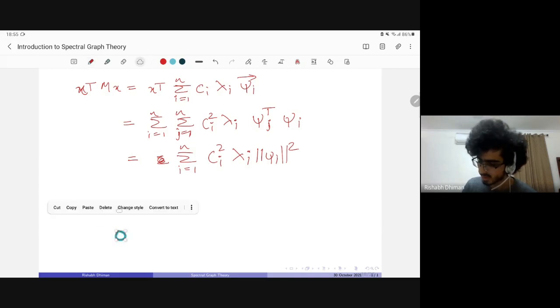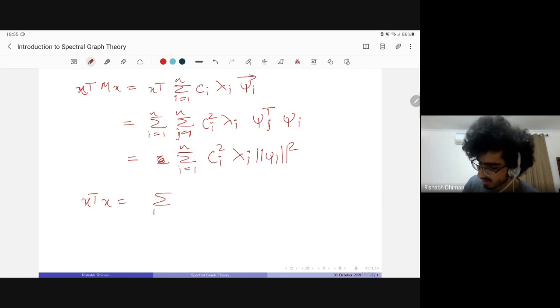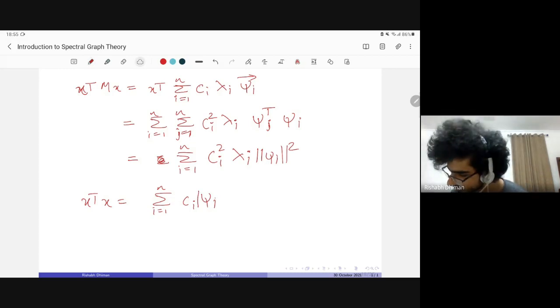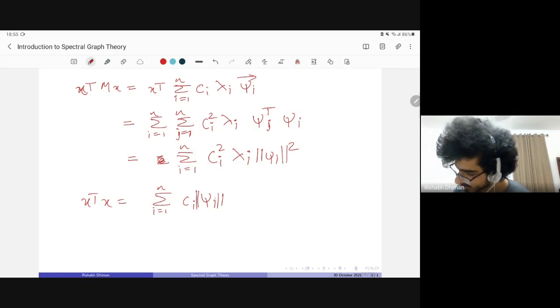Similarly, the bottom is nothing but the summation of c_i squared.